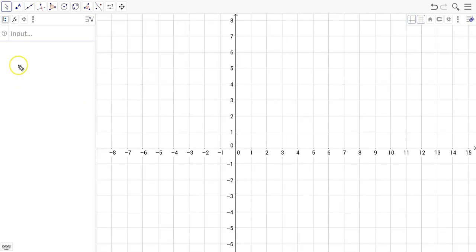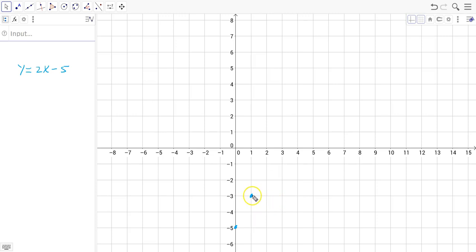So for 2x minus 5, alright, so our y-intercept is negative 5, so that would put us down here. And our slope is 2, so if we go over 1, we will have to go back up 2 to get to another point on the graph. So there we go, there's another point on the graph.